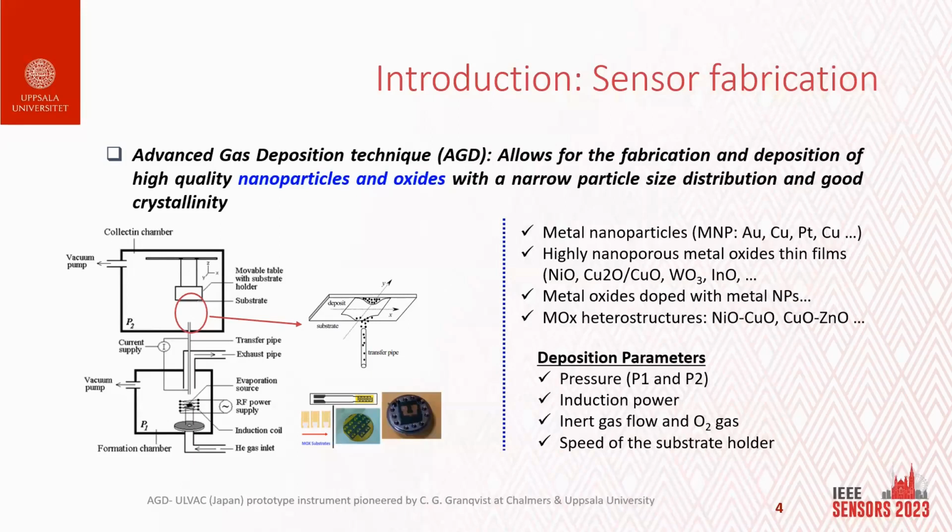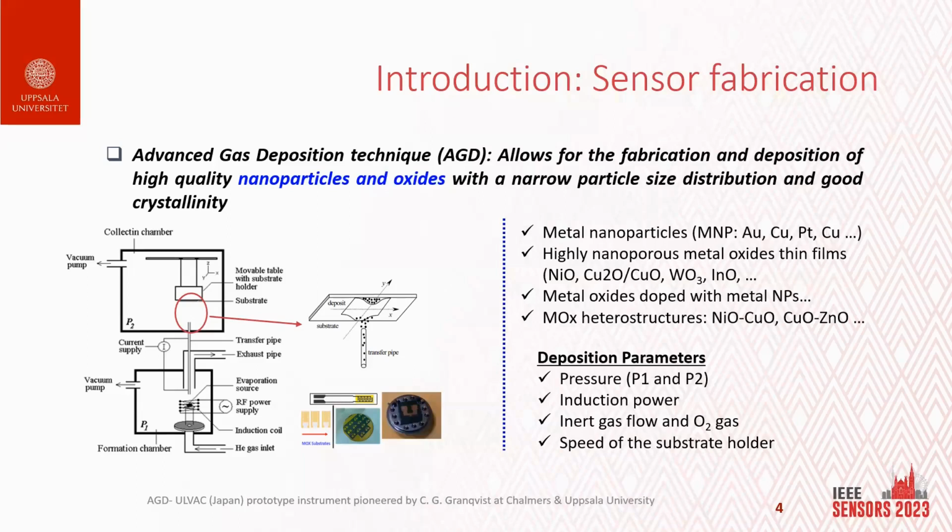It's a very simple system in which we produce metal nanoparticles or metal oxides from precursors of pure metals. For metal nanoparticles, we use the precursor of the metal itself, and for metal oxides, we mostly use the metal precursor together with oxygen.